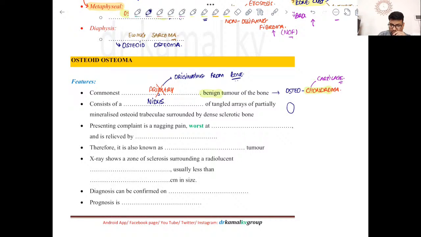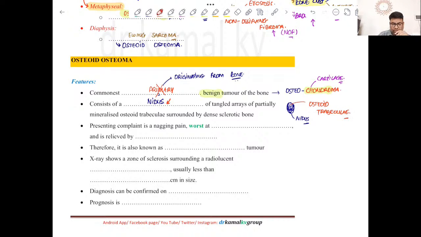There is a black cavity and it has some white shadows in between, right? So this is nidus, and within that nidus you will see small white osteoid trabeculae.